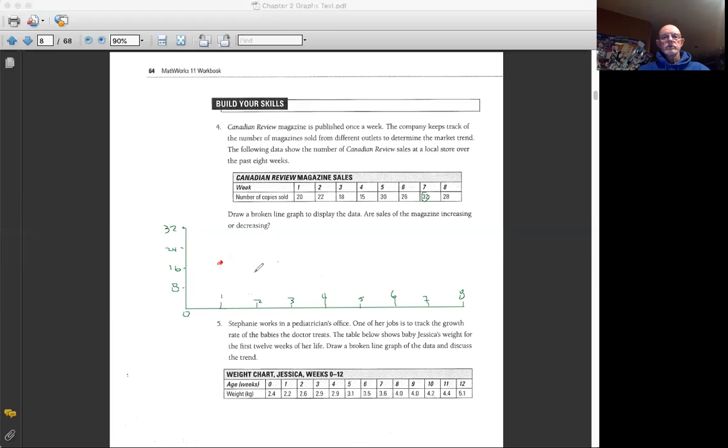So 22 is partway between 20 and 24. I'm not measuring anything, I'm just putting it. Now, because we are so ballparking this, we have to show that we understand that our data point may not be exactly where it's supposed to be. So how you do that is you draw a little circle around it. Like that.